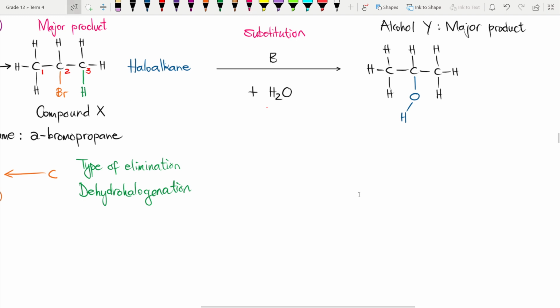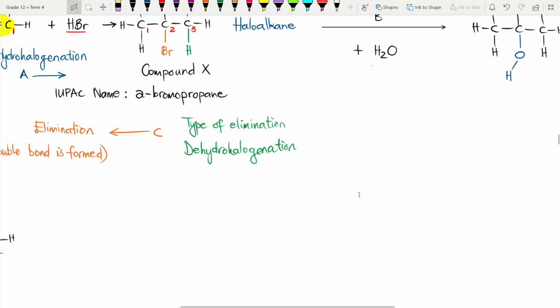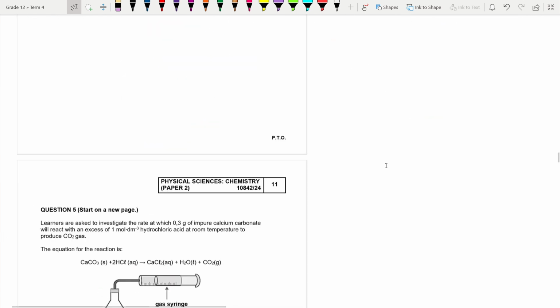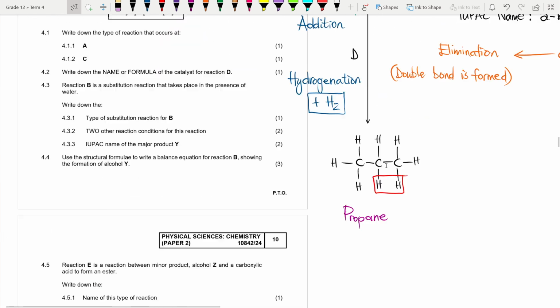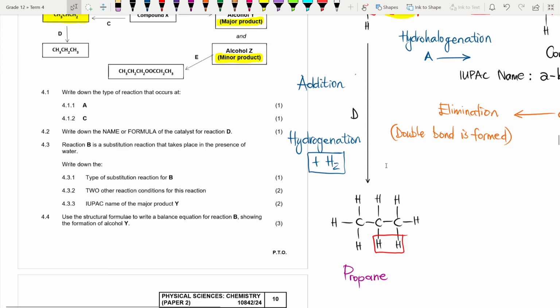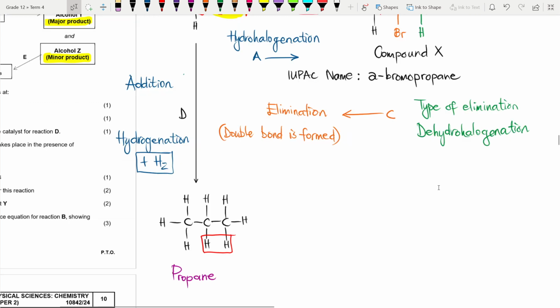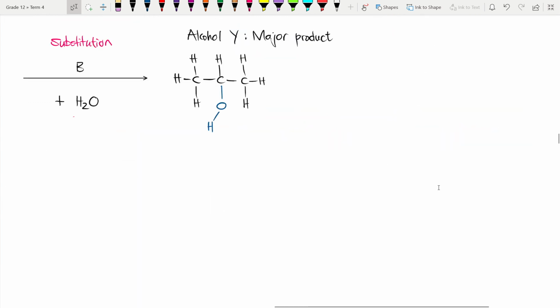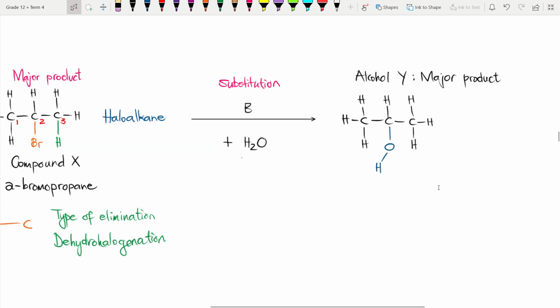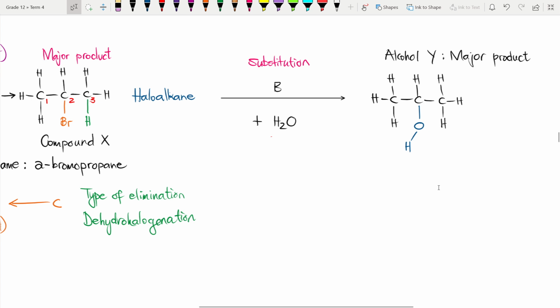And okay, let me check something here. Just wanna see the kind. Oh, actually, yeah, they do have a question about reaction B, so let's go a little bit deeper into that. So it is substitution because, again, in the notes, substitution pretty much explains itself.